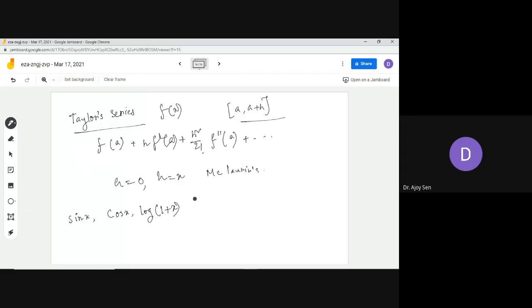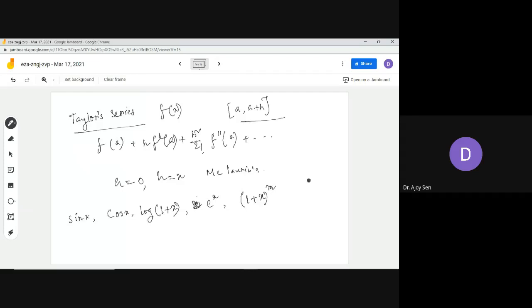These are some simple functions, and e to the power x. Sorry, e to the power x. These are some common functions, and there are other such results which I was going to talk about. This kind of result you have in your syllabus. Just go through the syllabus and check.